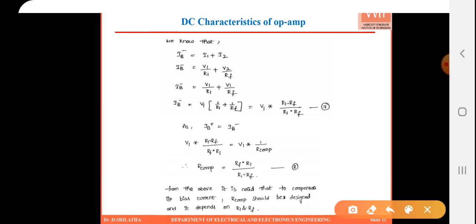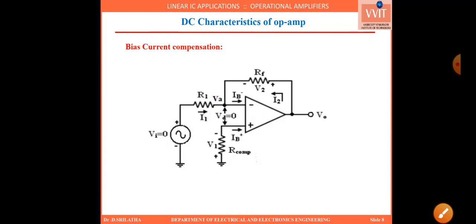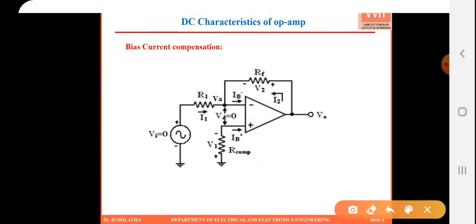Then we know the bias current here is IB minus. I1 is coming like this and the feedback current I2 is coming like this. At this point, if you apply KCL, we have IB minus equal to I1 plus I2.